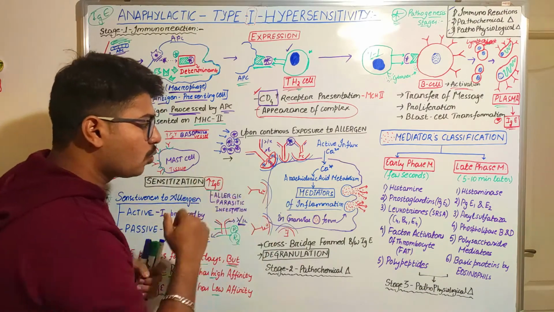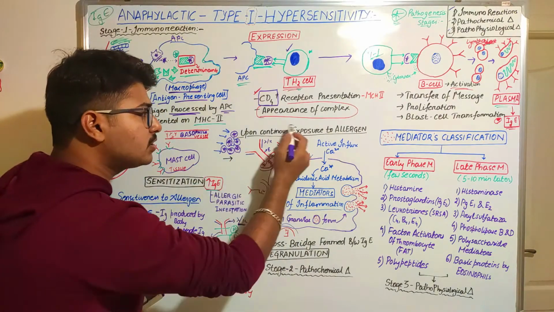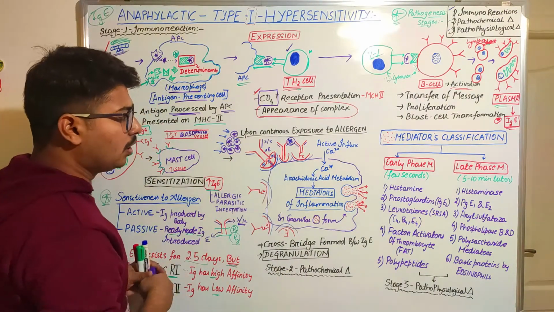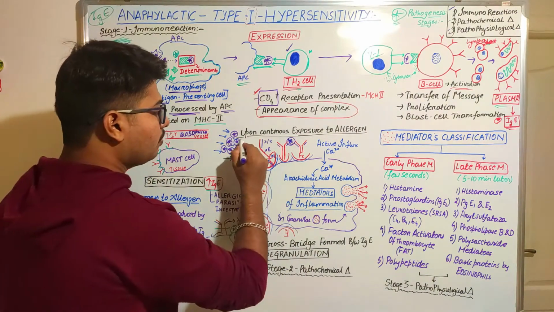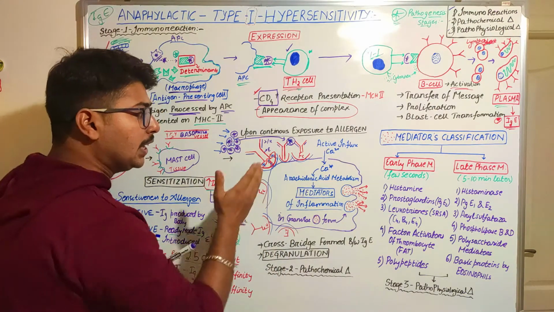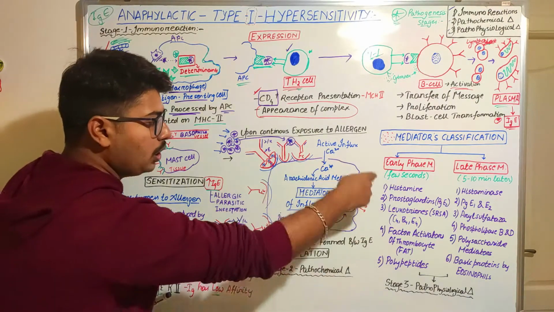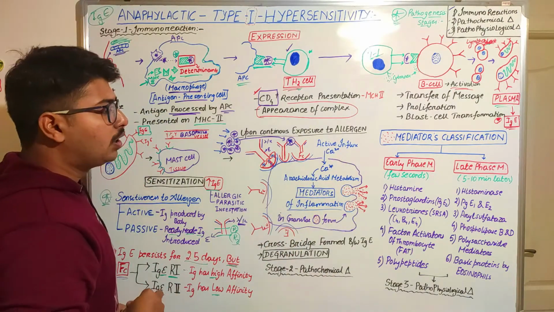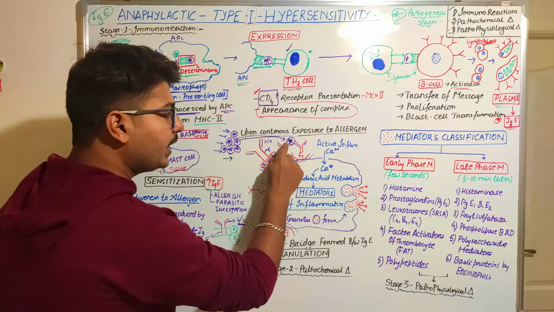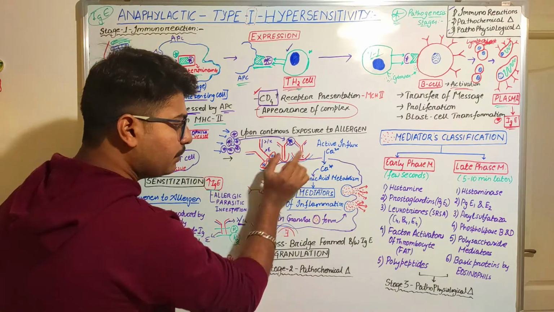Next, what will happen when there is extra or continuous exposure of allergen? The allergen will come and bind to the corresponding antibody that is already bound with the Fc receptor of the mast cell. What will happen after the binding of this allergen to the antibody?